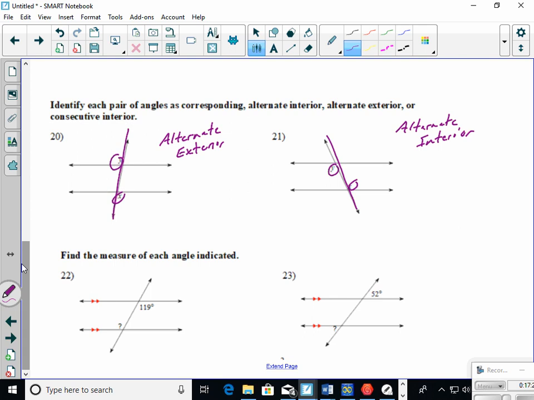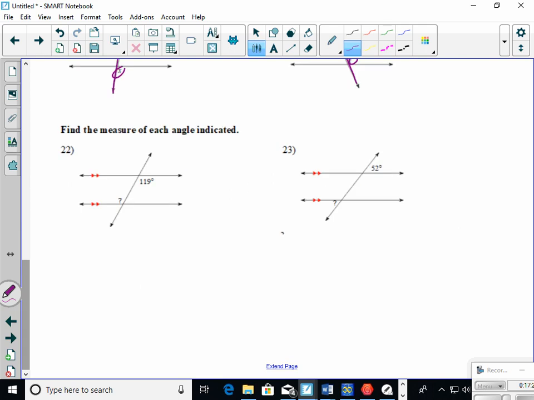Find the measure of each angle indicated. Alright, so 22, we got alternate interior angles, and alternate interior angles are going to be congruent, or the same. So the question mark should equal 119 degrees, because those are going to be the same, since the lines are parallel.